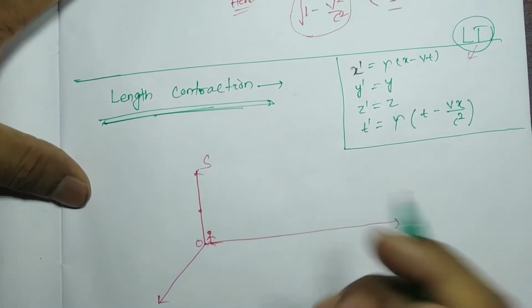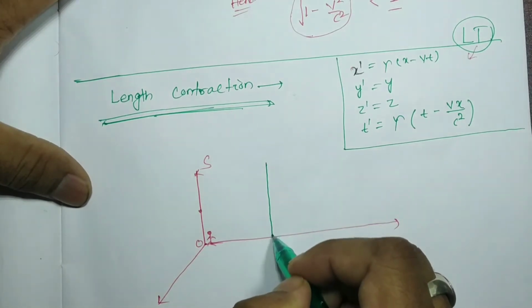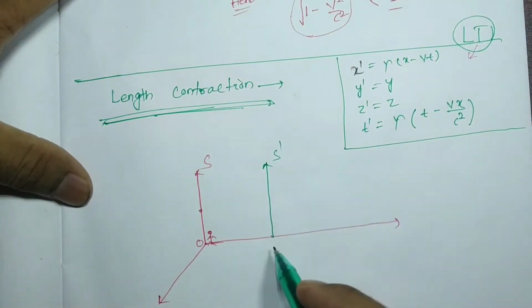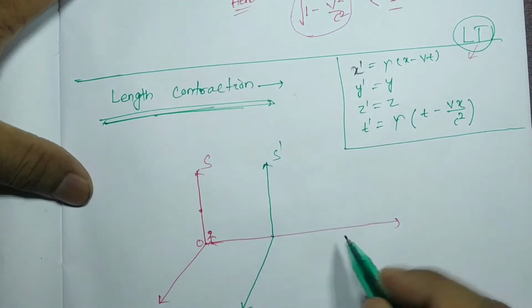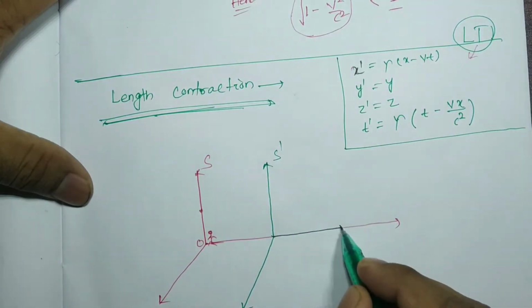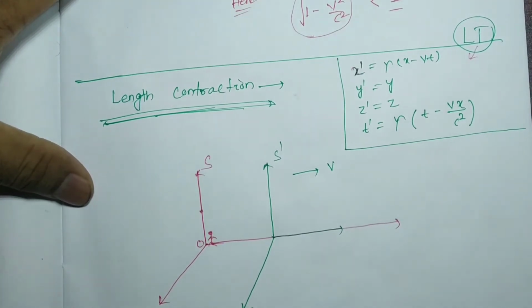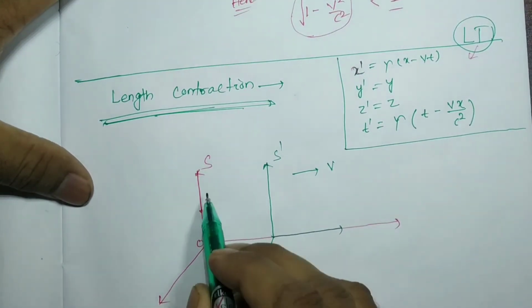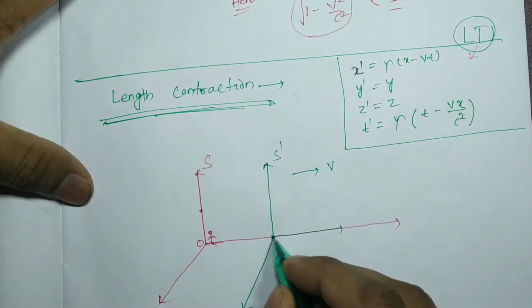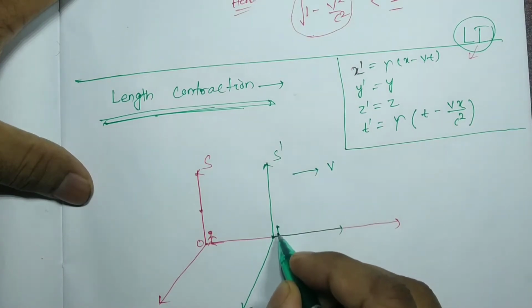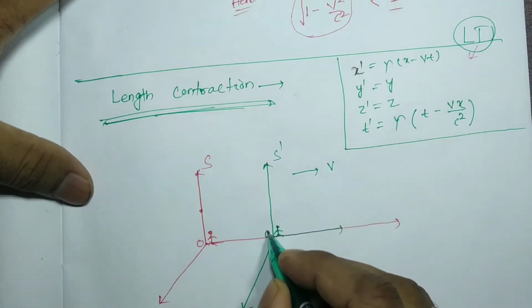Another frame, suppose this is another frame s dash, is moving with a velocity v with respect to the s frame, and the observer is standing at its origin o dash.